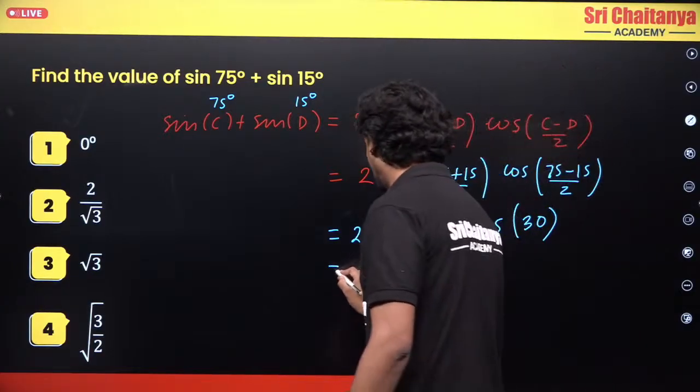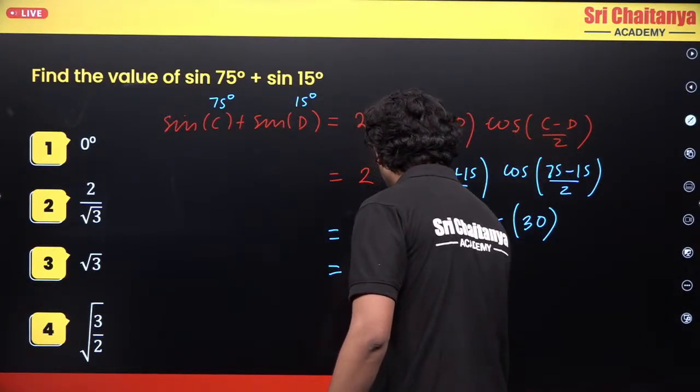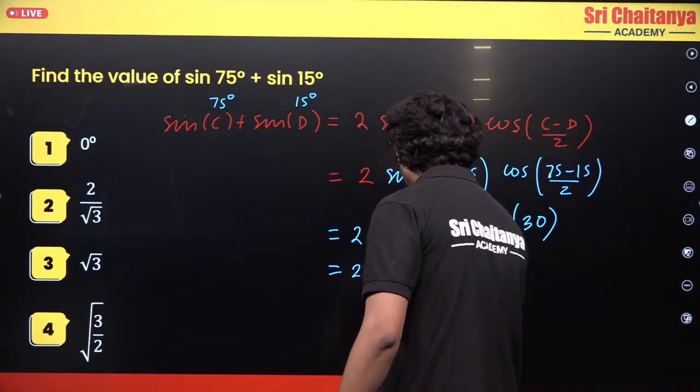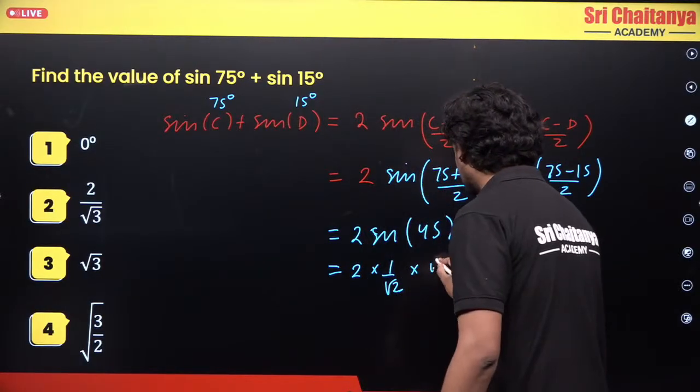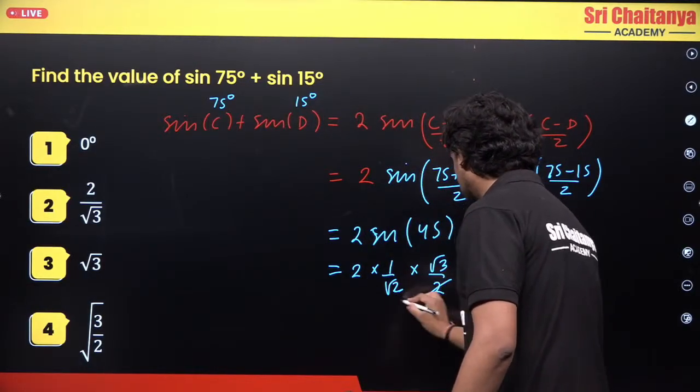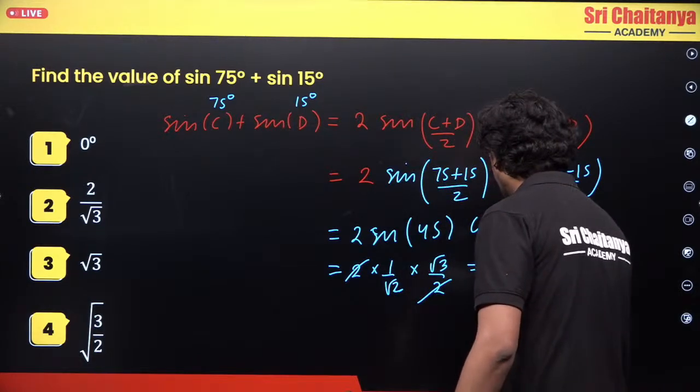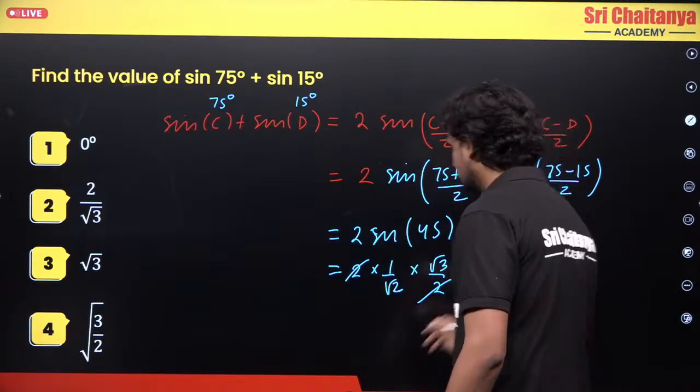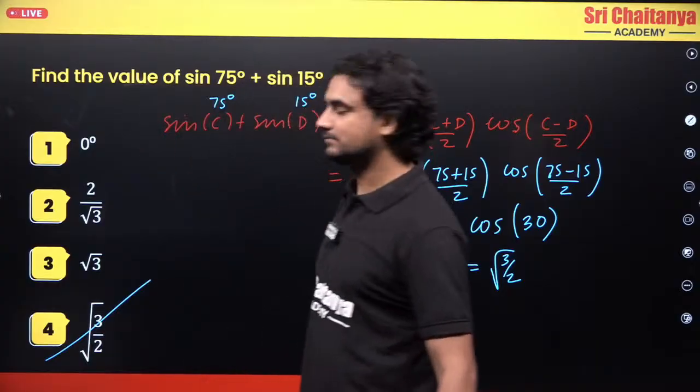So this will become 2 into 1 by root 2 into, what is cos 30? Cos 30 is root 3 by 2. So this 2 cancels with this 2 and this will become under root 3 by 2. So fourth option is the correct answer.